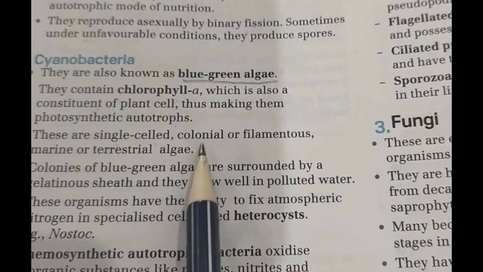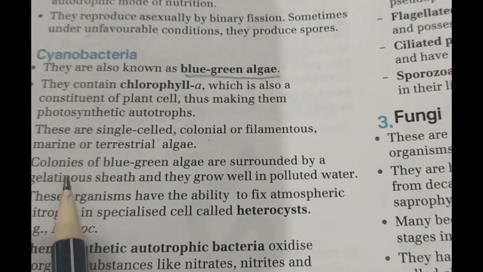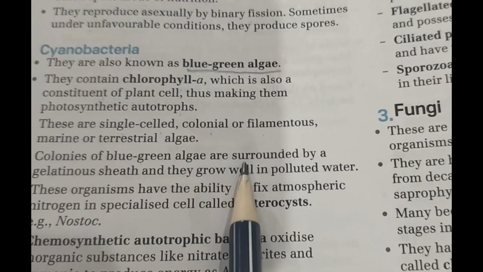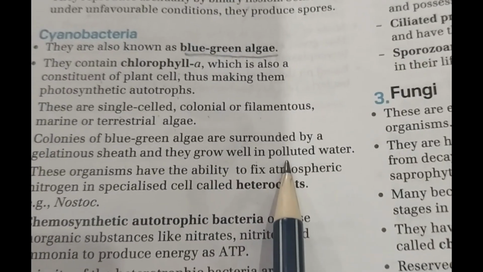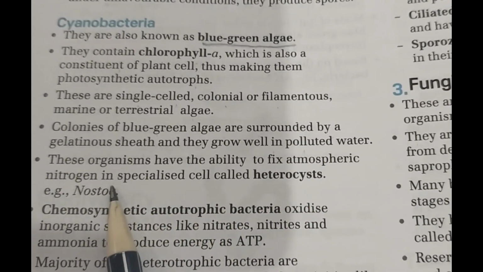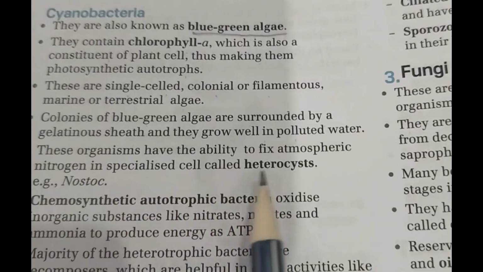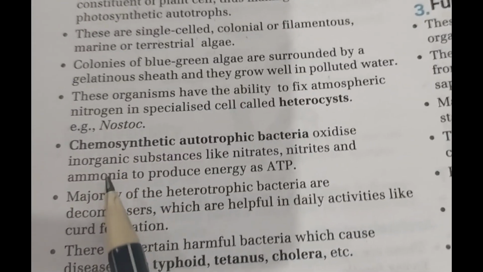They are single cell, colonial and filamentous marine and terrestrial algae. Colonies of blue-green algae are surrounded by a gelatinous sheath and they grow well in polluted water. These organisms have the ability to fix atmospheric nitrogen in a specialized cell called heterocyst, example Nostoc.